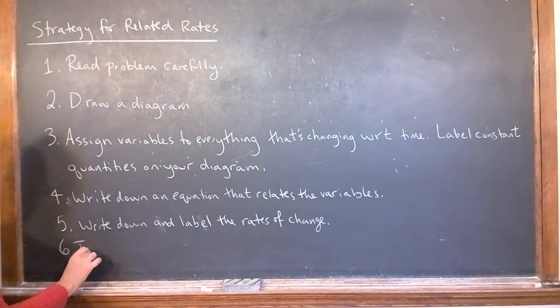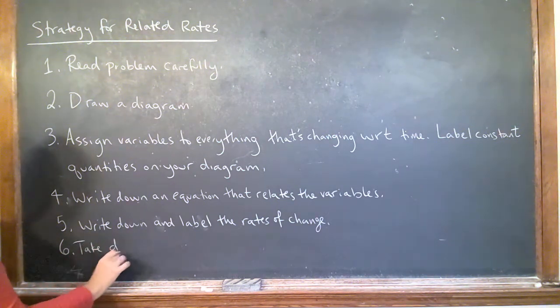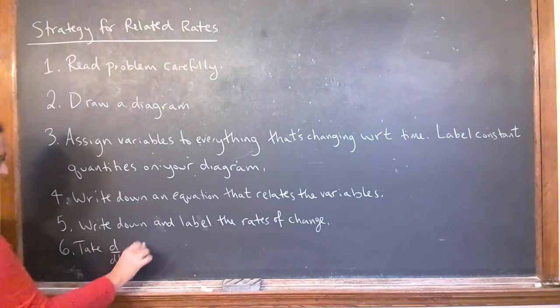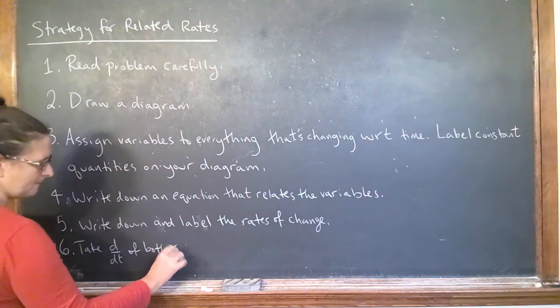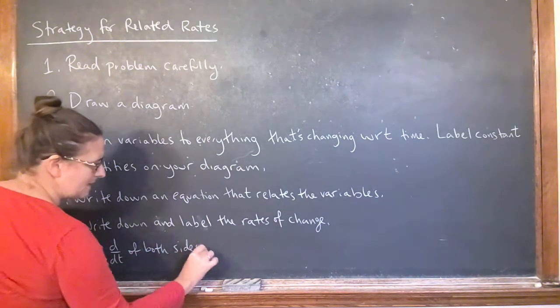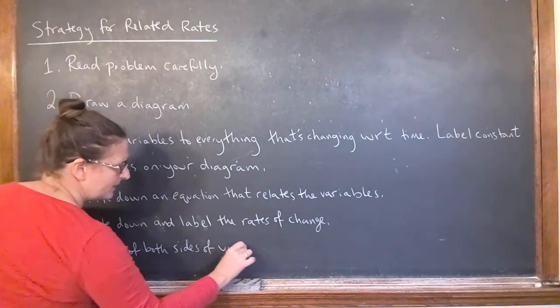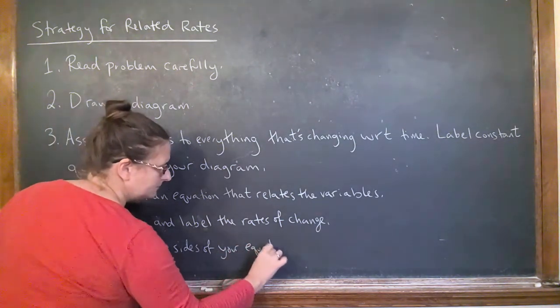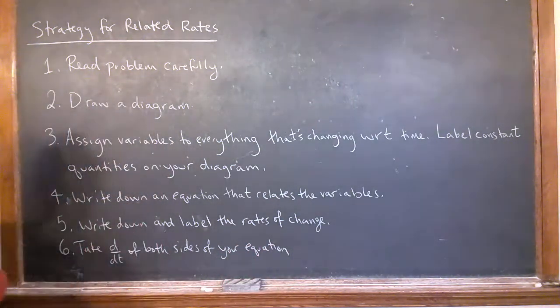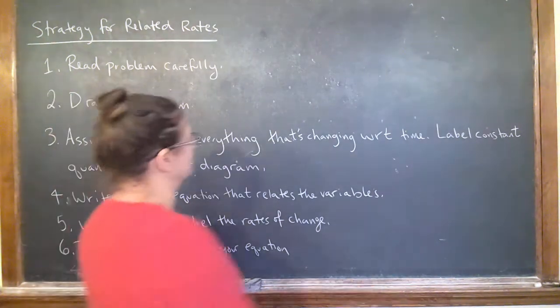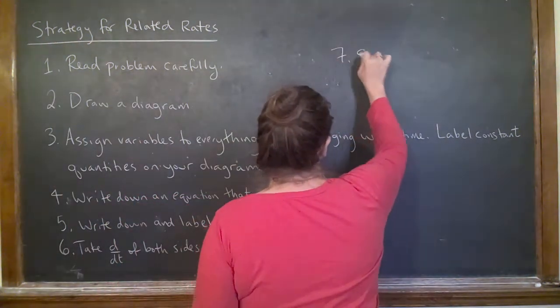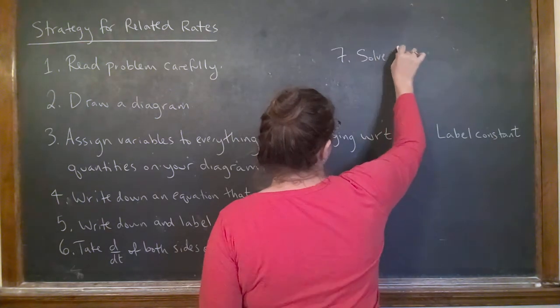So take d/dt of both sides of your equation. And then number 7, solve for the quantity you want.